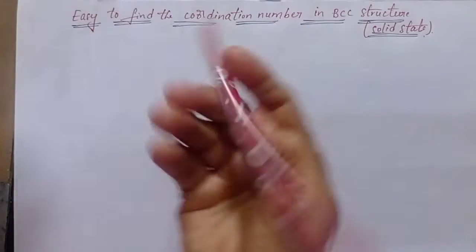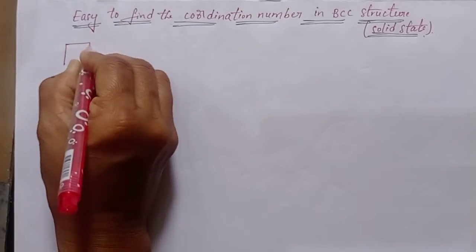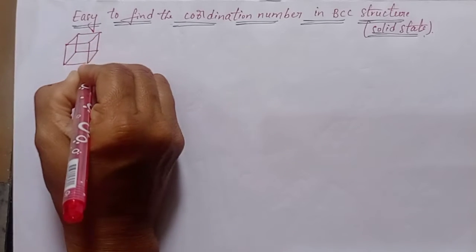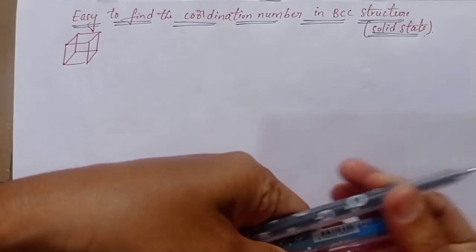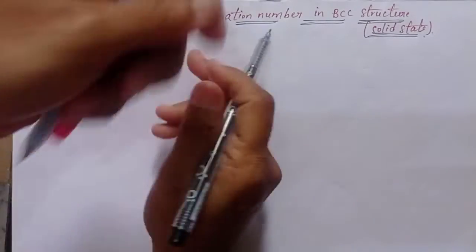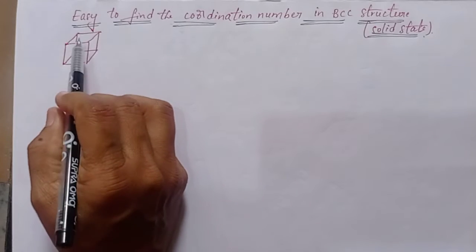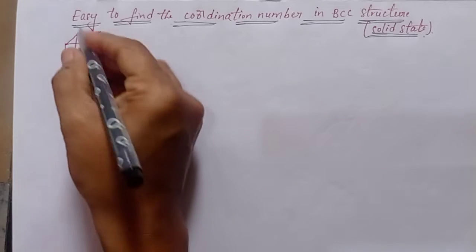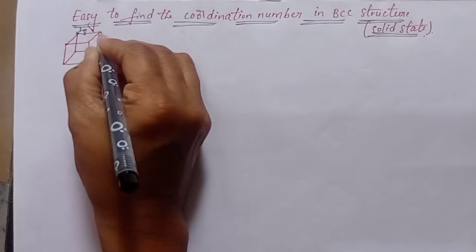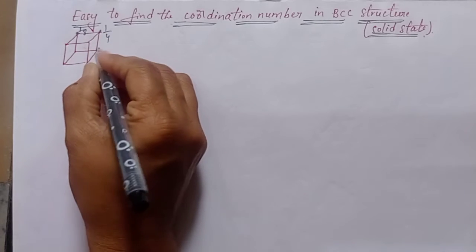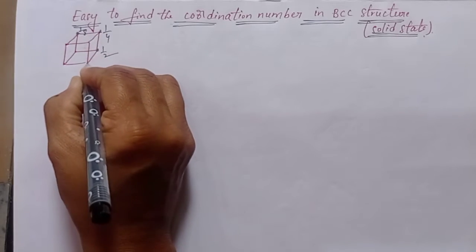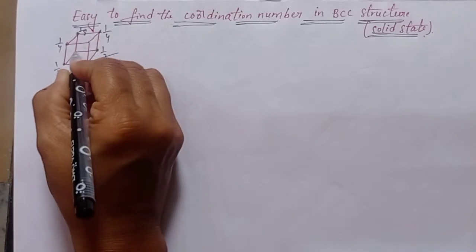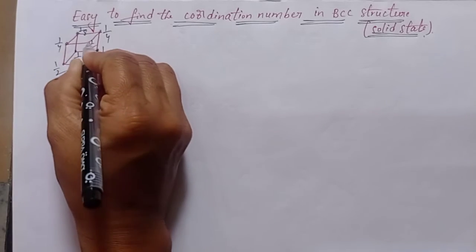Okay. Now see, students, BCC. First I am taking the simple cubic unit cell. Here I am taking the values. In the last class I already discussed all the corner values, face center values, body diagonal values, and contributions. Now see, students, this value is 1 by 8, this value 1 by 4, this is 1 by 2, this value is 1, again 1 by 4, 1 by 2, here 1 by 4, this value 1 by 2, clear.